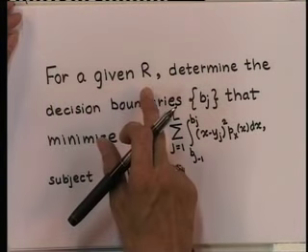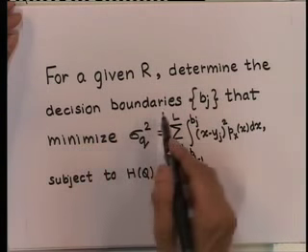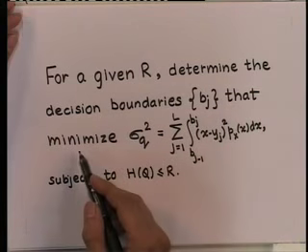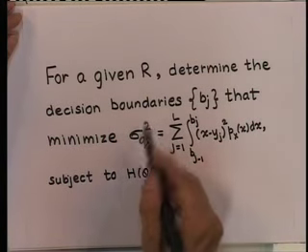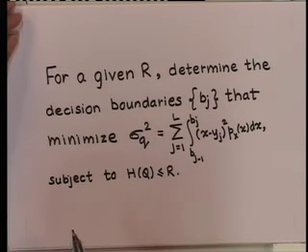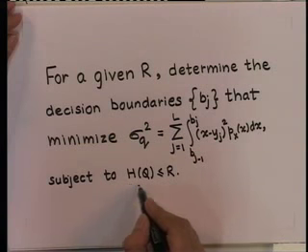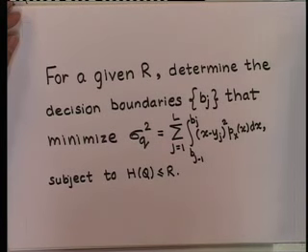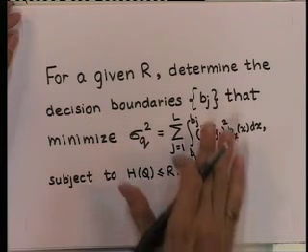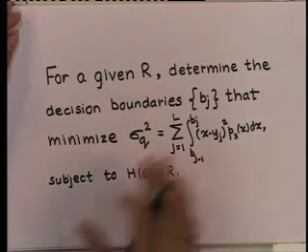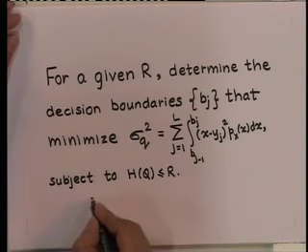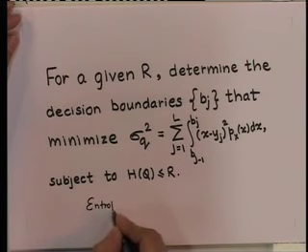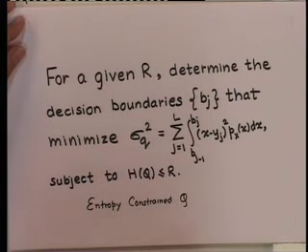For a given rate, determine the decision boundaries bj that minimize the mean squared quantization error, which is given by this expression, subject to the constraint that the entropy is less than or equal to R. Now, the process of finding this optimum entropy constraint quantizer is quite complex, and the details are provided in this reference.